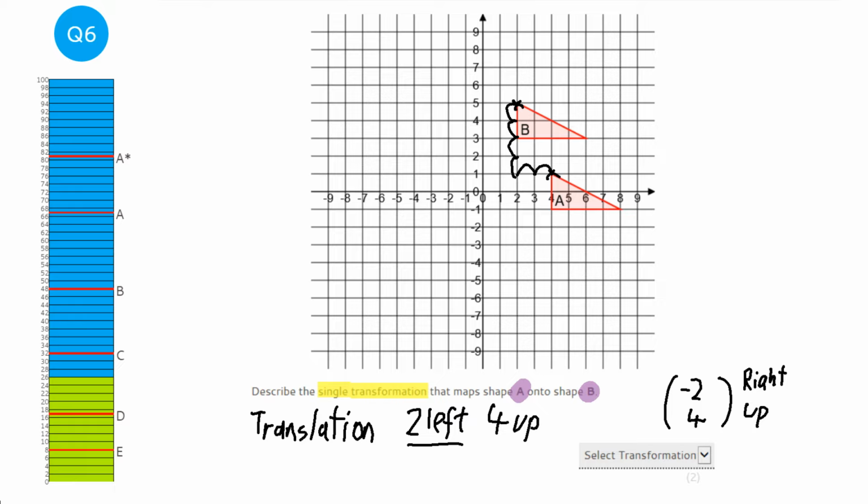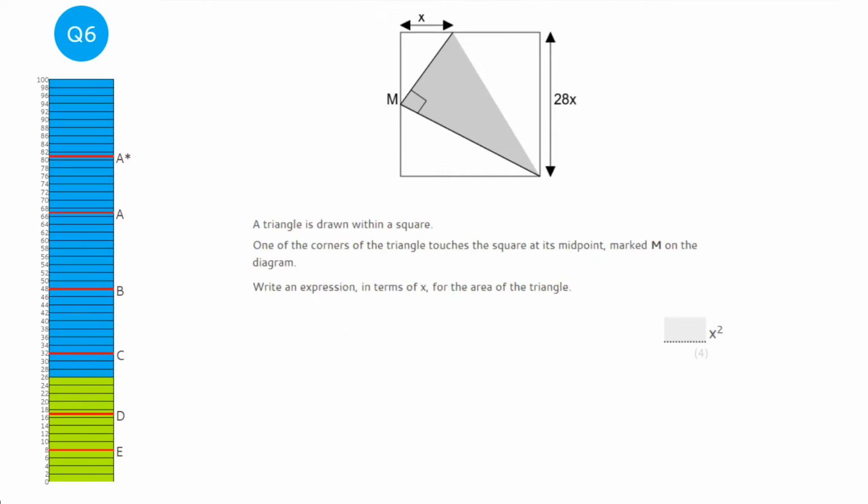Now it's not always necessary, in fact very few times it's necessary to do it in column vector form, but if you are asked, you know how to do it. Okay, so if you want to have a go at this, pause the video now, otherwise let's get started.